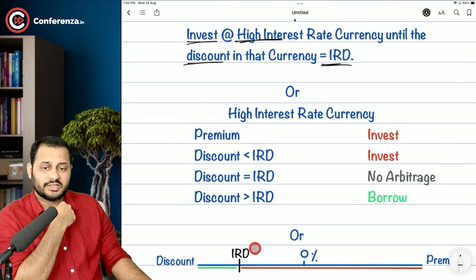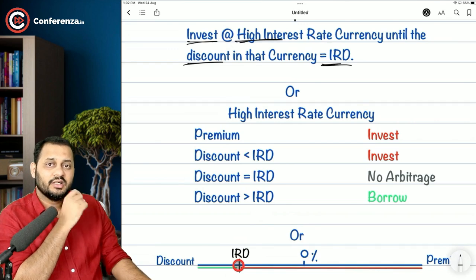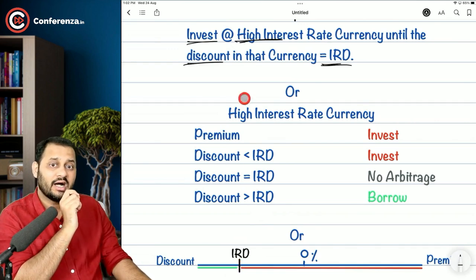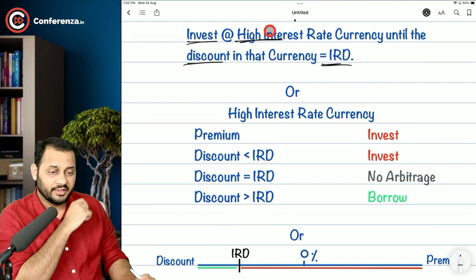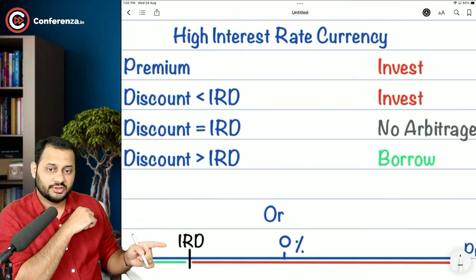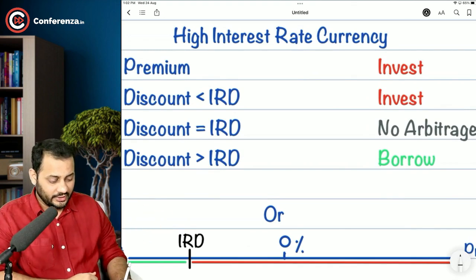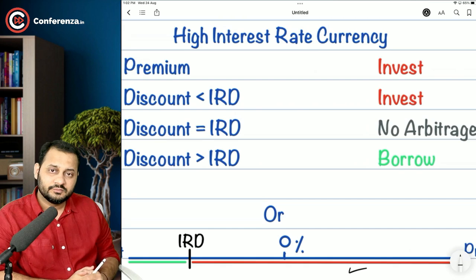Now, discount means this side, right? So if this is the interest rate differential, unless and until the actual discount in the high interest rate currency reaches to this point, from that point, you will keep on investing at high interest rate.